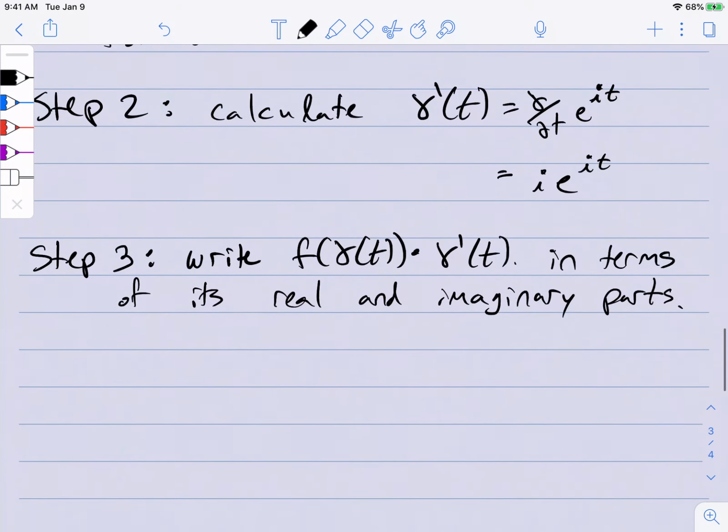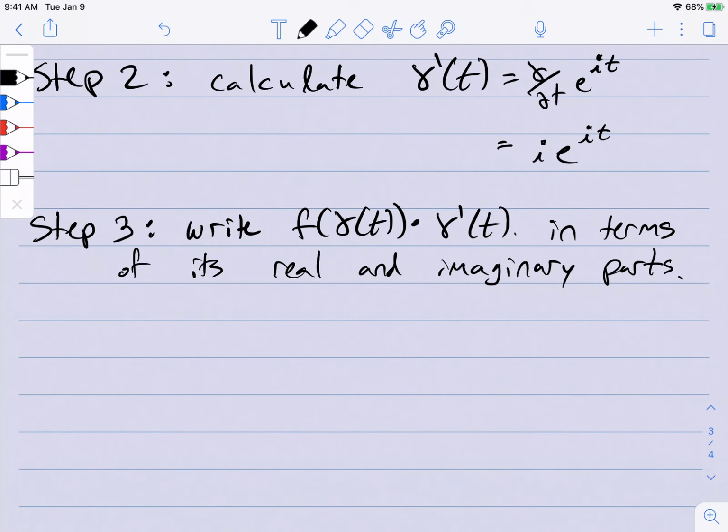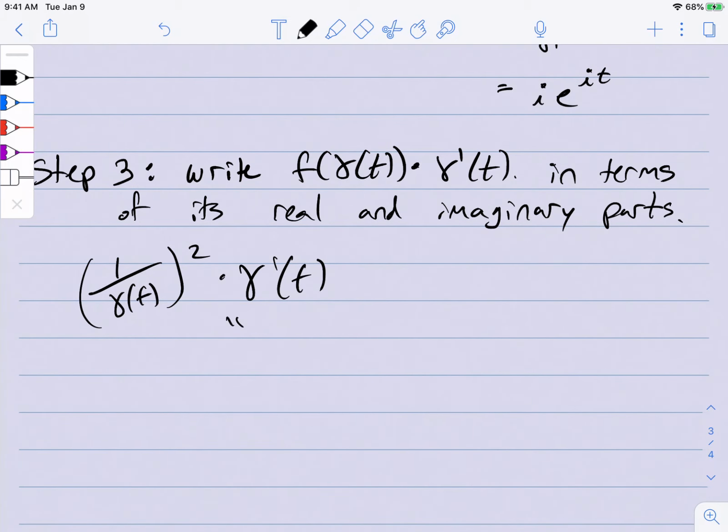So f of z is 1 over z squared. And so f of gamma of t is going to be 1 over gamma of t squared times gamma prime of t. So this is equal to, gamma of t is e to the it, so 1 over e to the it squared times gamma prime, which was i e to the it.